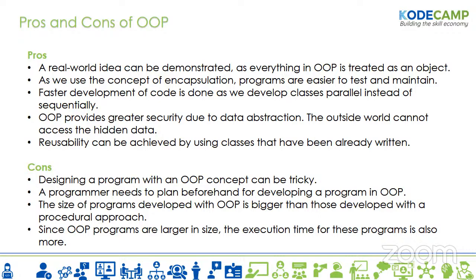The next is that the size of programs developed with OOP is usually bigger than those developed with a procedural approach. In a procedural approach in a text file, instead of having import statements, exports, and new definitions, you just write the code.